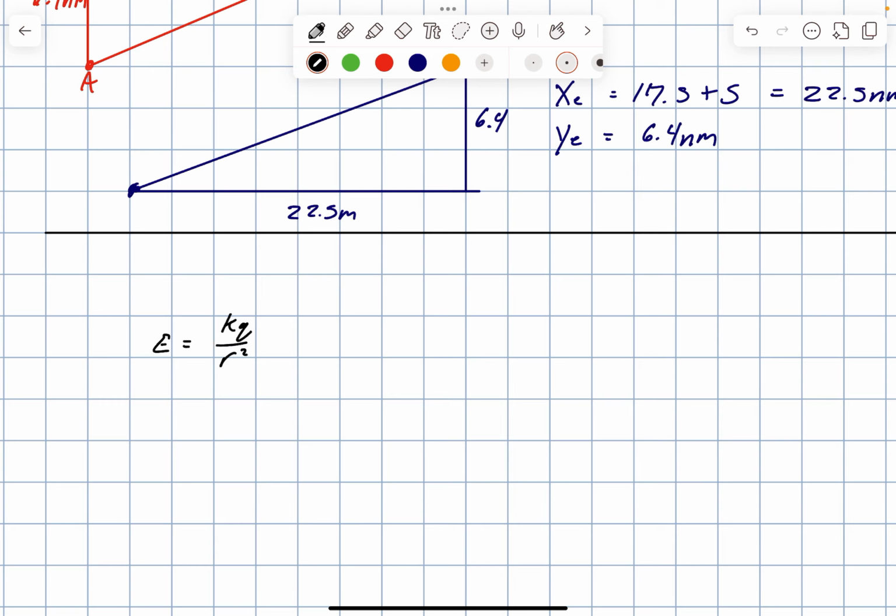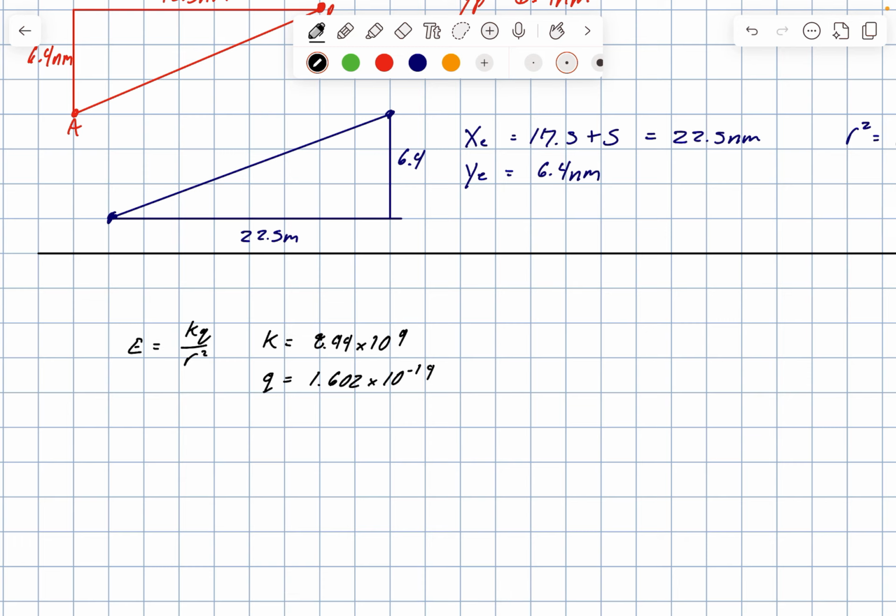Just for a refresher, K and Q are constant values. K is always equal to 8.99 times 10 to the 9th, and Q is going to be that value of 1.602 times 10 to the negative 19th. So we're going to do this for the hypotenuse value of our proton triangle and our electron triangle.